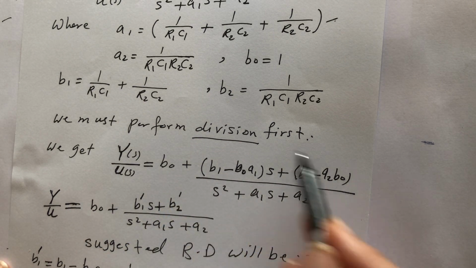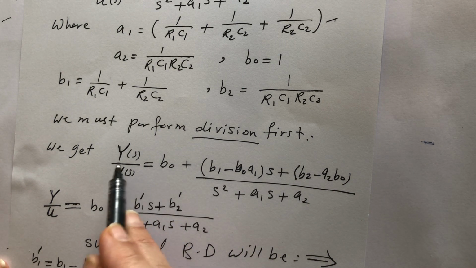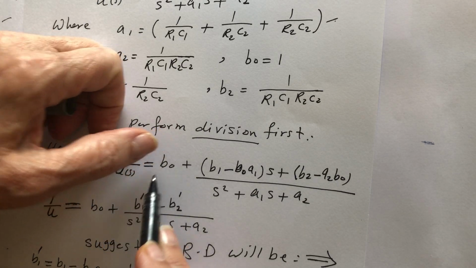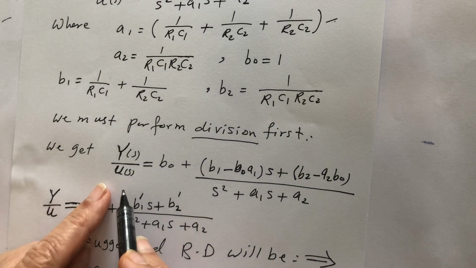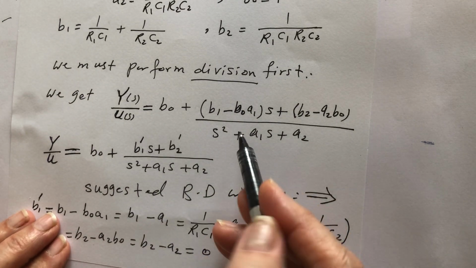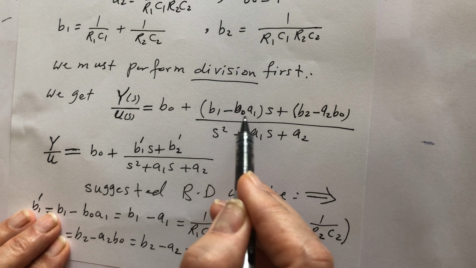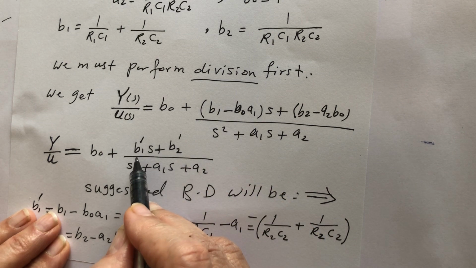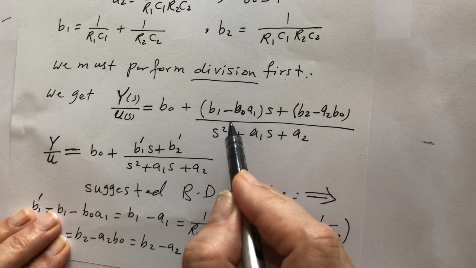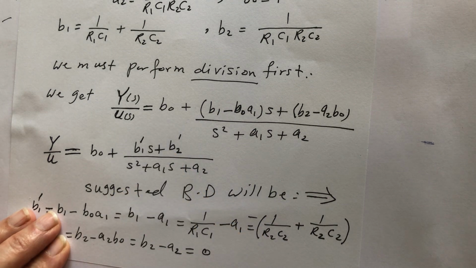So that's what's left, and that's the result of the division. So it means that Y equals B0 times U plus this times U, right? Now let's say that this equals B1 minus B0 A1 equals B1 dash, and this equals B2 dash, and I don't have B0, it's here like that.